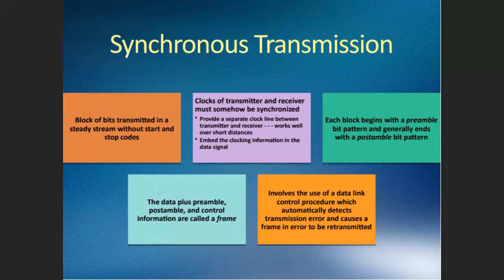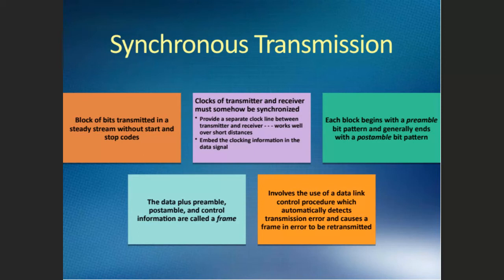Each block begins with a preamble bit pattern and generally ends with a postamble bit pattern. Instead of the start bit and end bit, we are using preamble and postamble bits. That's the name of the bit, like we say parity bit. This one is called preamble and postamble.